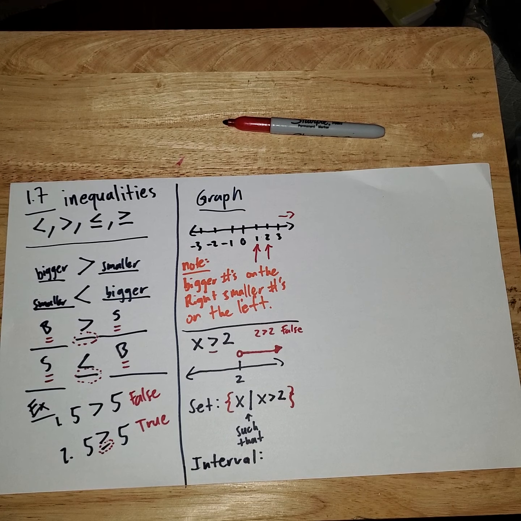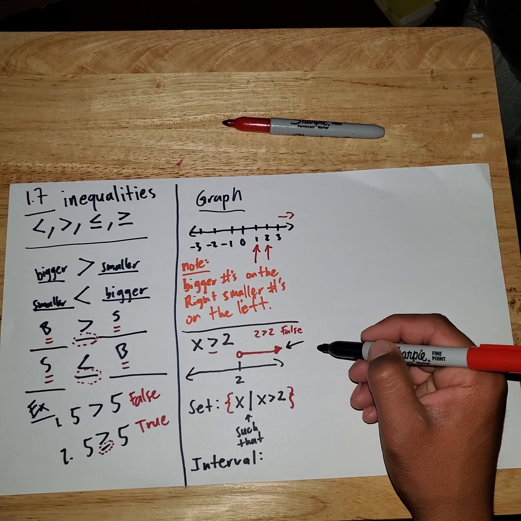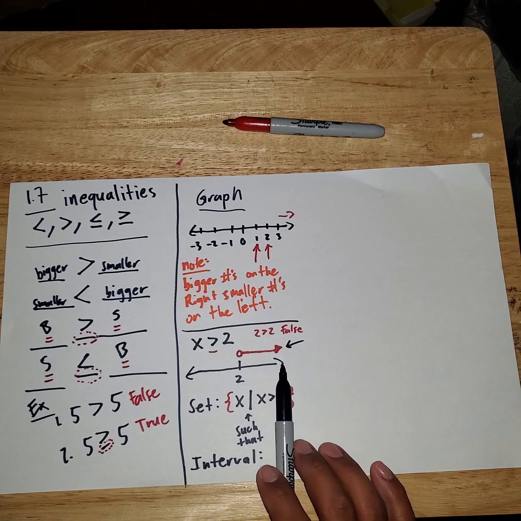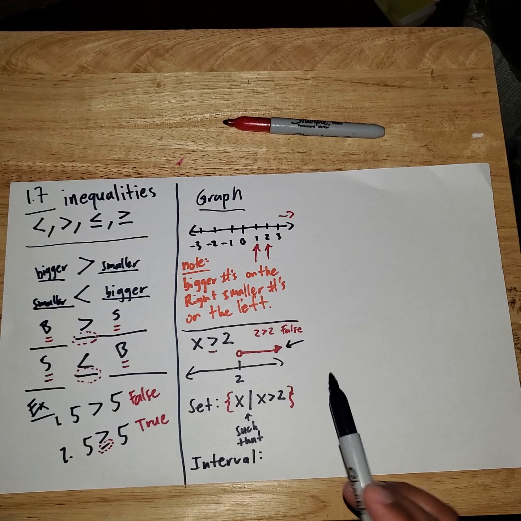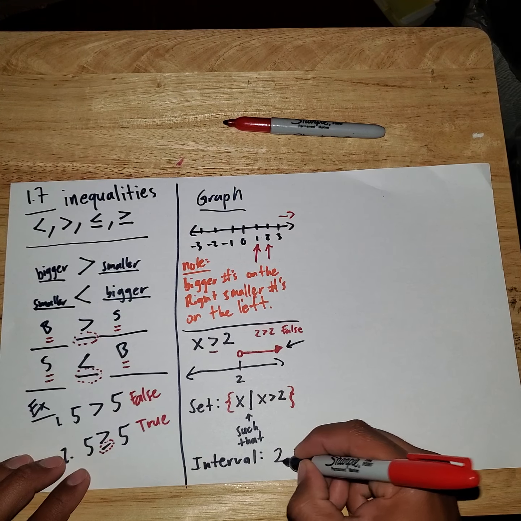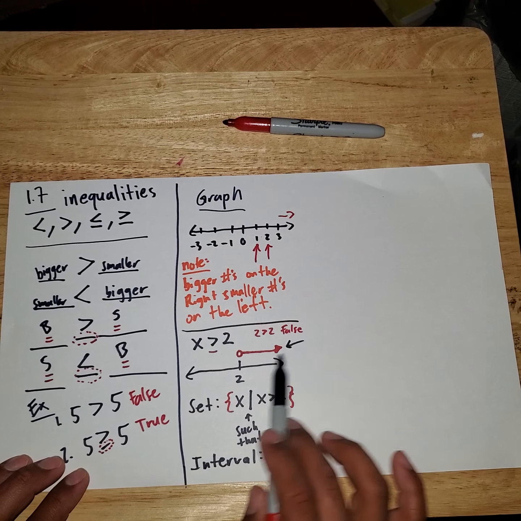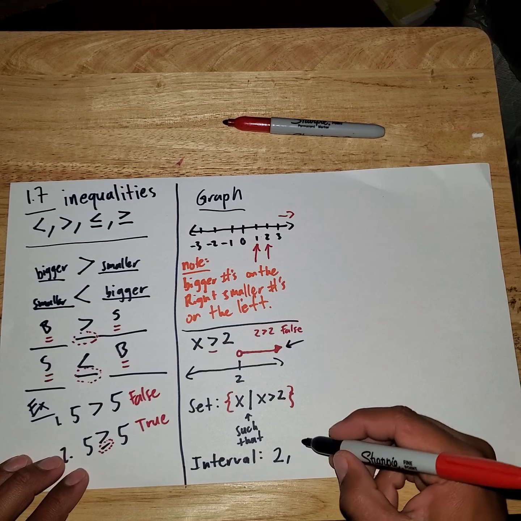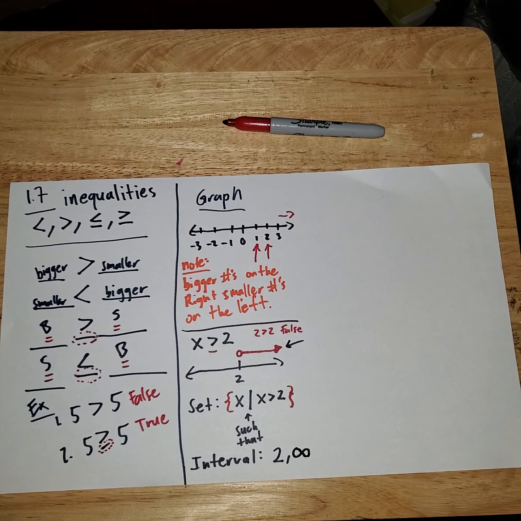But the main thing is from least to greatest. So we know the smaller numbers are always on the left. So that means this entire interval is starting at 2, but it continues to the right, to the positive side forever. If you guys remember how to write a symbol like that, that means infinity.